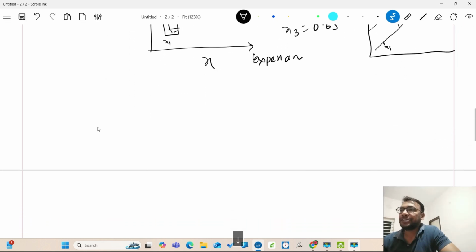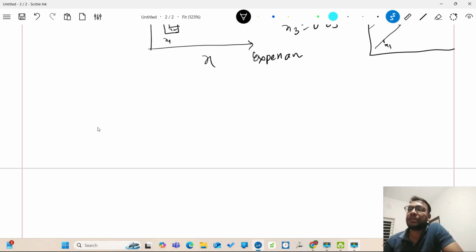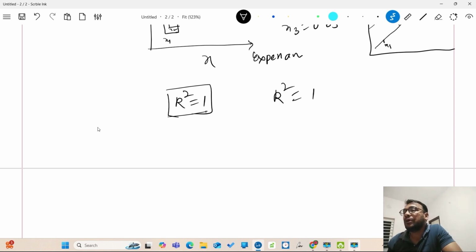Now I give some concepts for interview questions. What is the r square value, and what is the best value of r square? Simply, the best value of r square is 1, meaning 100%. That is highly unlikely, but for mathematical purposes it's the best value. So when will the r square value be 1? R square is 1 minus sum of residuals divided by sum of totals.